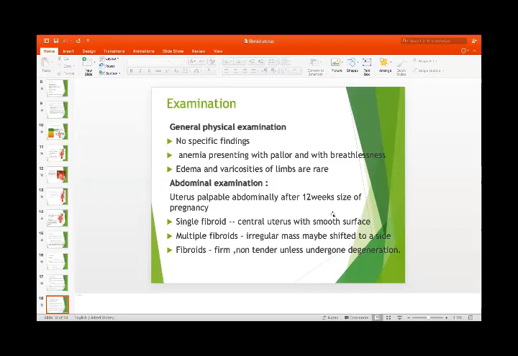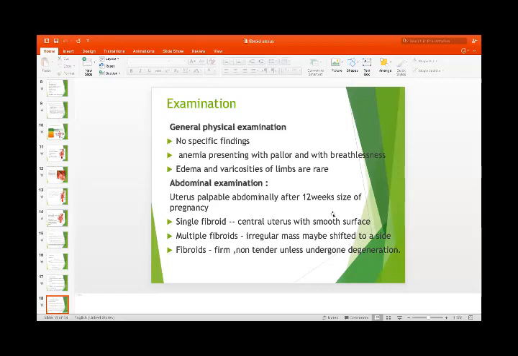And if she has a huge fibroid, she will also be breathless. If it is having pressure effects, then she will have edema of the lower extremities and varicosities. On abdominal examination, the uterus is palpable abdominally after 12 weeks size of pregnancy.